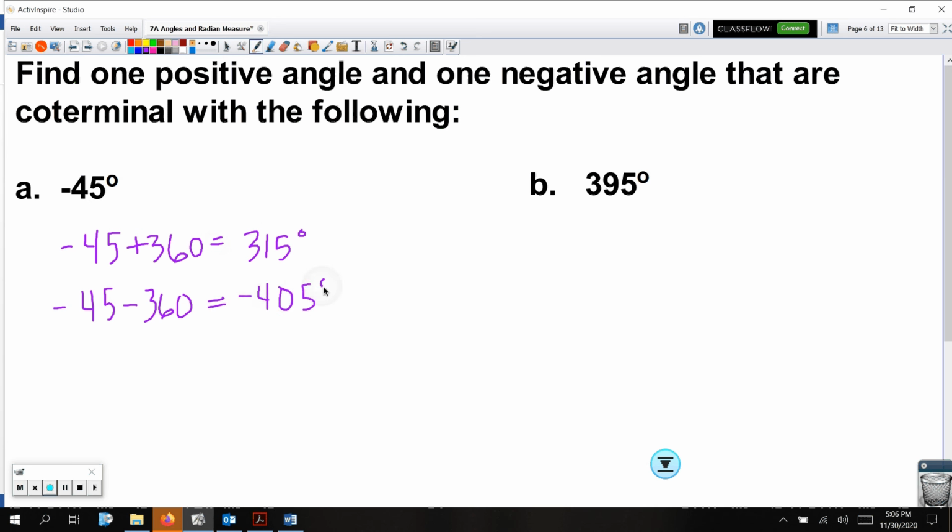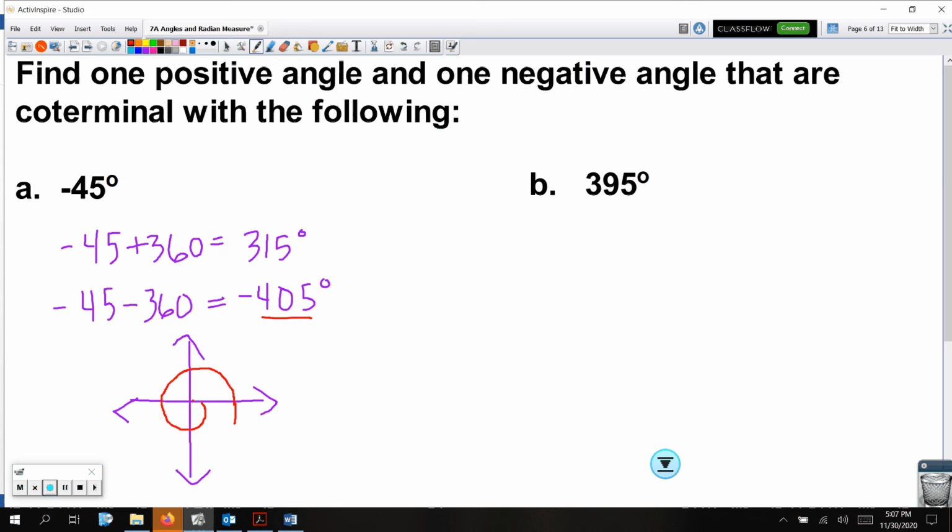That is coterminal. If we wanted to draw that, it would be like this. Now I'm going to do my negative in red. Negative 405 is going to go maybe 270, oops, 360, and then I need a little bit more.